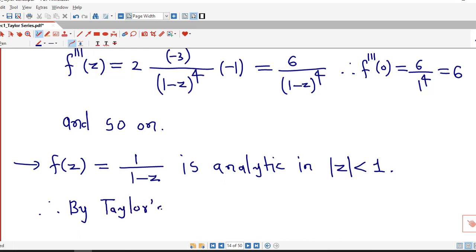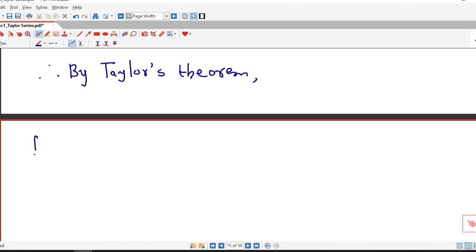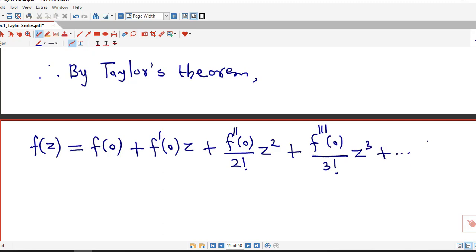So by Taylor's theorem, we have the formula for the Taylor series about z equal to 0, or Maclaurin series: f of 0 plus f dash 0 z plus second derivative at 0 divided by 2 factorial z square plus third derivative at 0 divided by 3 factorial z cube, and so on. And as we discussed, this is valid in the open disk mod z less than 1.